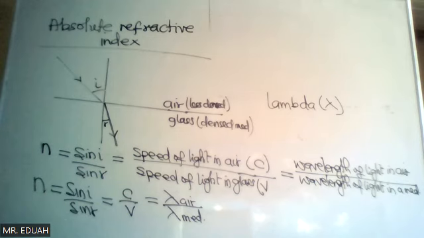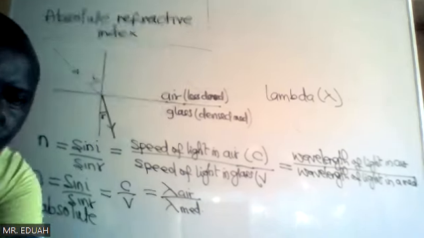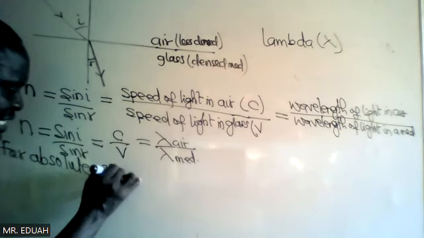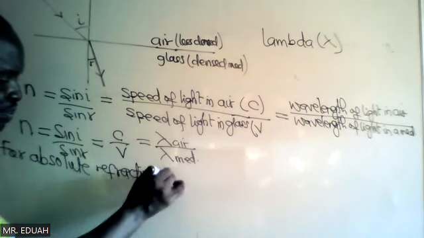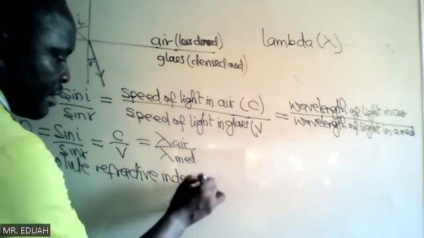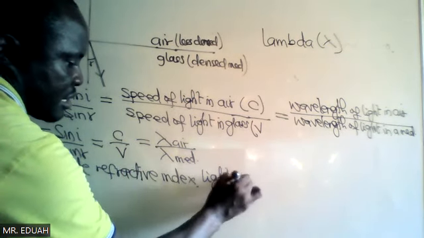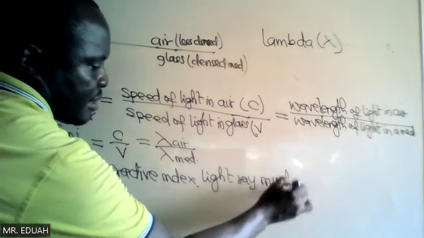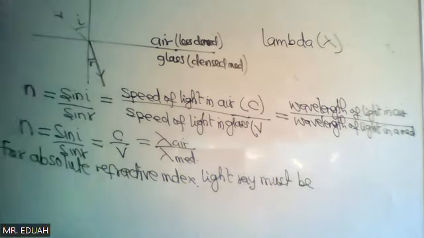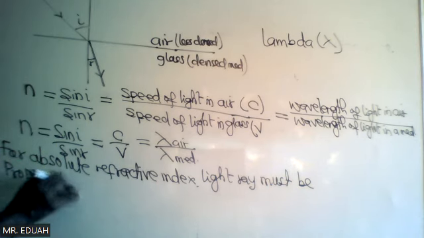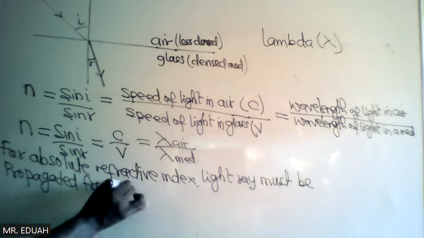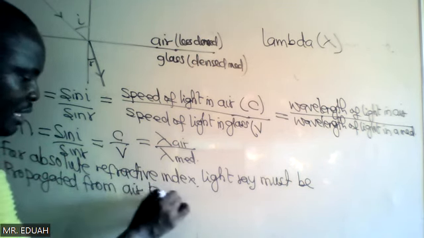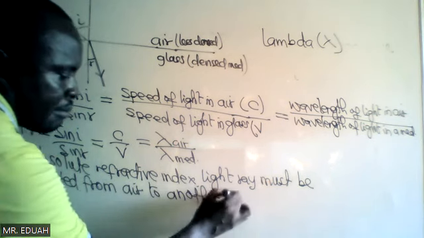Please, are we okay? So for absolute refractive index, the light ray must be propagated from air to another material.